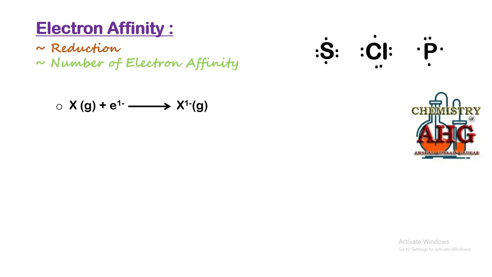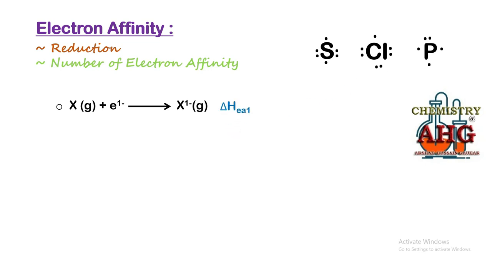Look at the change in oxidation state. Before the reaction, before the gain of electron, X had a charge of 0, but after the gain of electron its charge is 1 negative. So whenever there is a change from 0 to 1 minus, it means that element has gained first electron. So you can obviously guess that this is an equation for the first electron affinity.